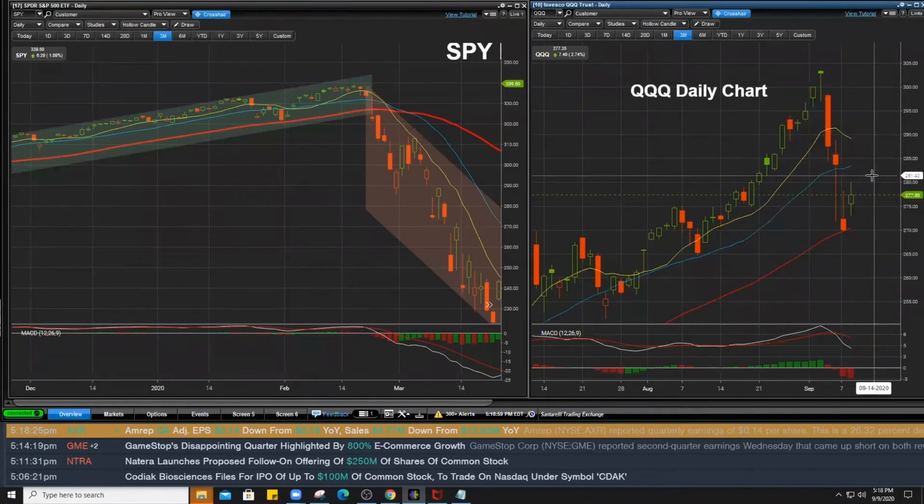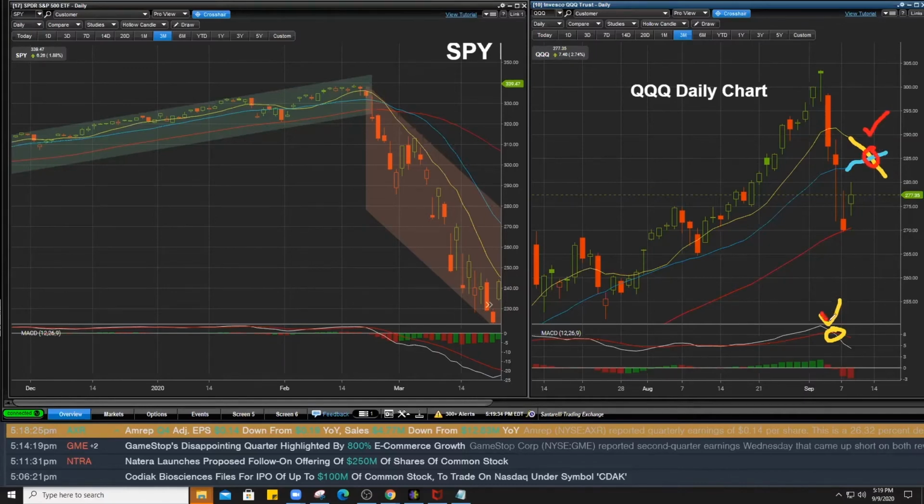So that's one of our signals. We already had the MACD cross, right? The MACD already crossed below, so there's one signal right there. You remember how we said we had 3 check marks? Well, here's one check mark right here. The second check mark would be that 10 crossing below that 20. So if this continues lower and we see that happen, then that is going to be our second confirmation, our second check mark.